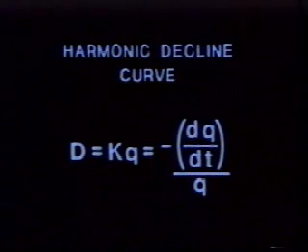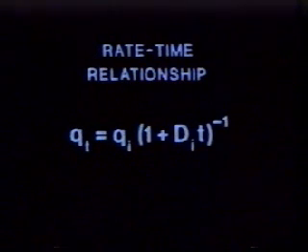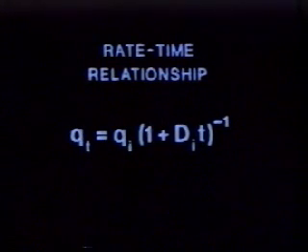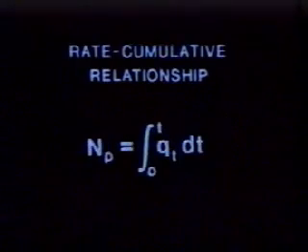With separation of variables and integration between the limits of time and flow rate, we are able to calculate the rate-time relationship. In this case, we see that the constant n no longer appears. We also see that we must know both the initial flow rate, q sub i, and the decline rate at the initial flow rate, d sub i, in order to calculate the flow rate q at any given time, t.